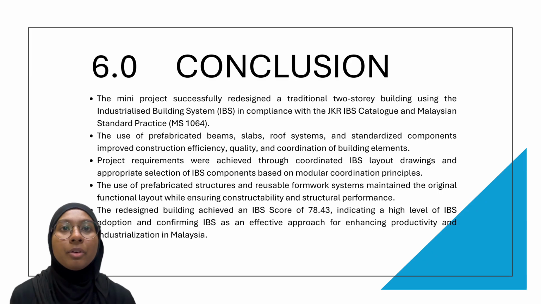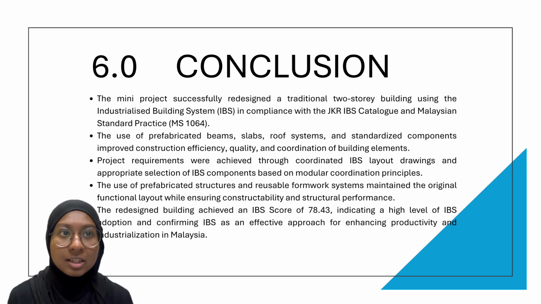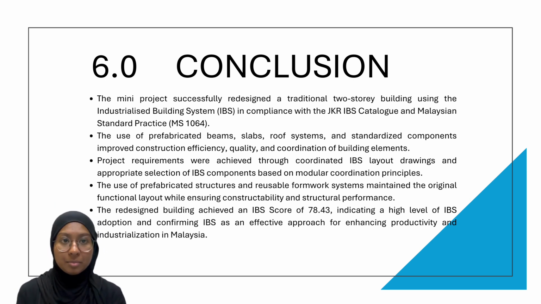The use of prefabricated structures and reusable formwork system maintains the original functional layout while ensuring constructability and structural performance. The redesigned building achieved an IBS score of 78.43, indicating a high level of IBS adoption and confirming IBS as an effective approach for enhancing productivity and industrialization in Malaysia.